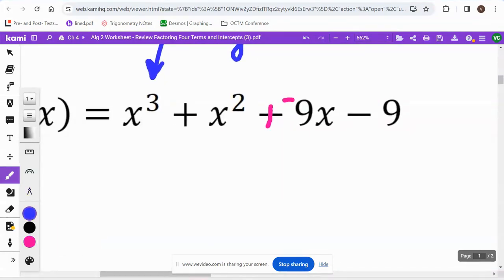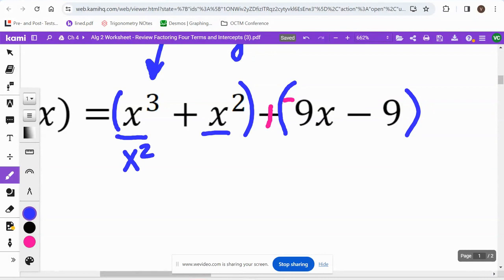Now, we are going to group the first 2 and the last 2 together. My addition sign is in between the groups. The negative 9x is inside the group. And we're going to now look for a GCF for the first group. Is there something we can pull out? What is it? X squared.